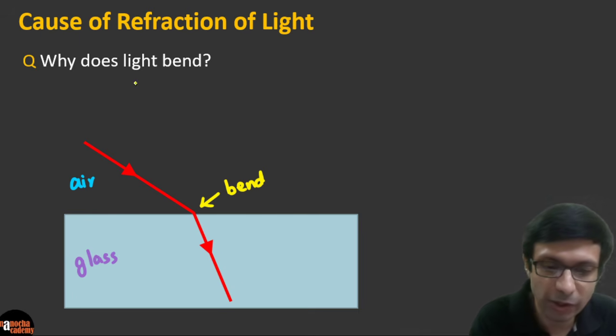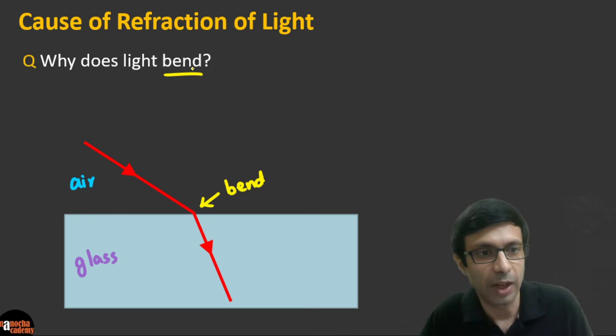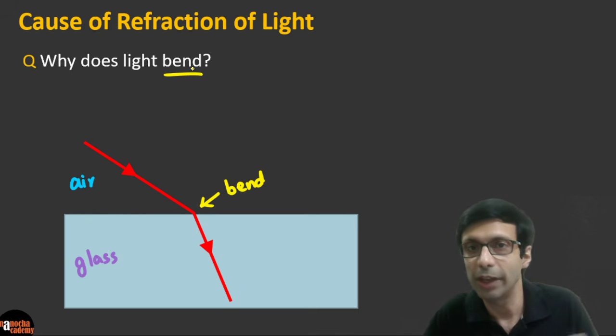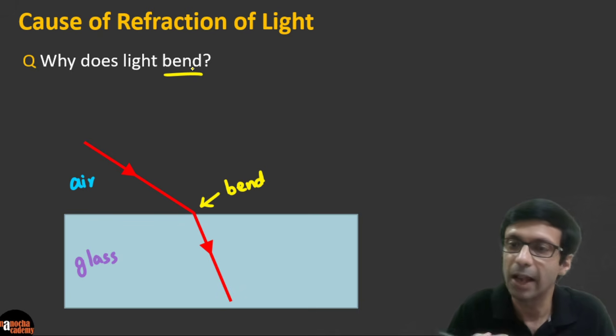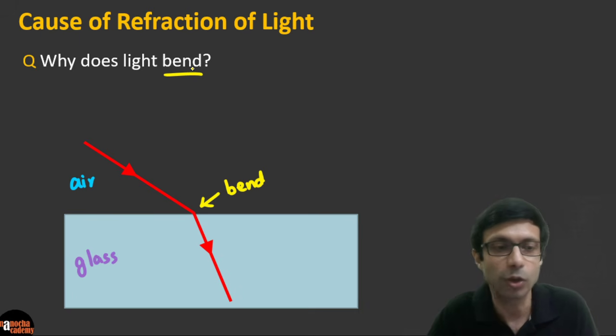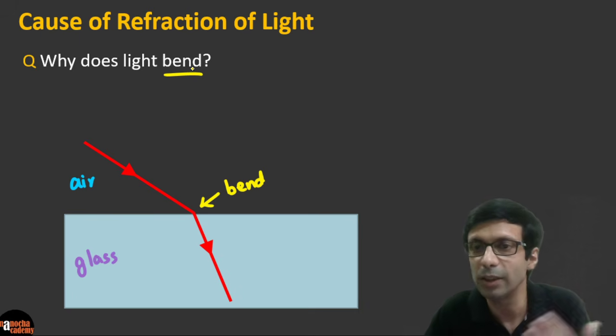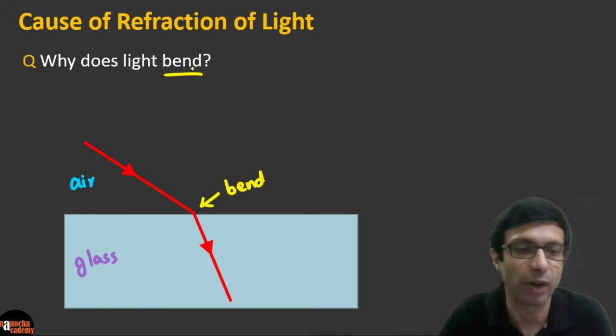Okay, but the question is, why does the light bend? So good, one part of the answer is it is due to the change in medium, right? So light bends when light travels from one transparent medium to another. But what is the cause of the bending? Okay, so if they ask you in the test what is the cause of refraction of light, what will you write as the answer? Okay, excellent.